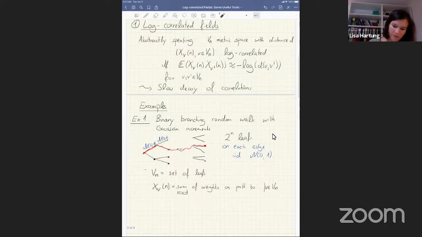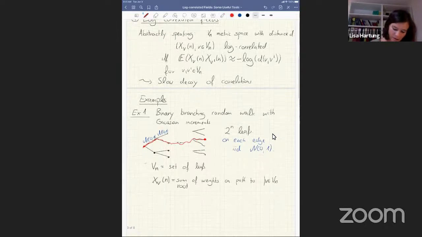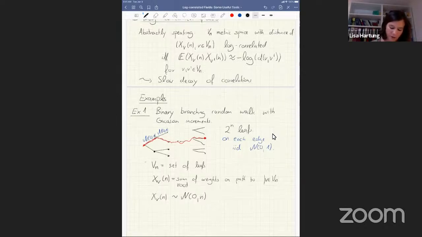Now, for each v, this is of course, as a sum of Gaussians, a mean zero, variance n Gaussian variable. So we have a collection of 2 to the n N(0,n) Gaussian variables, but of course we have a correlation.